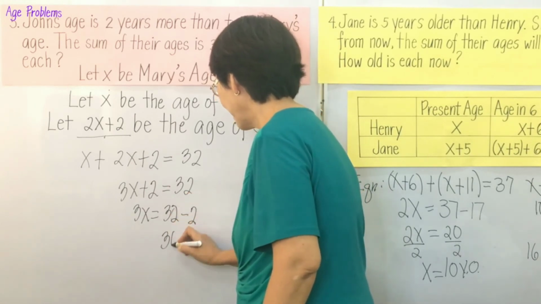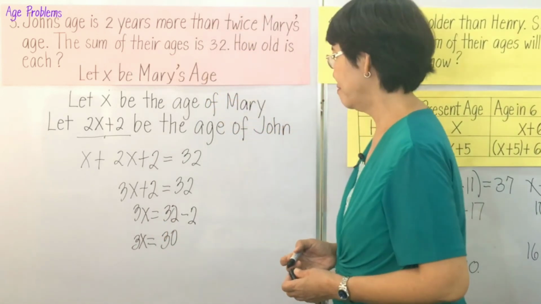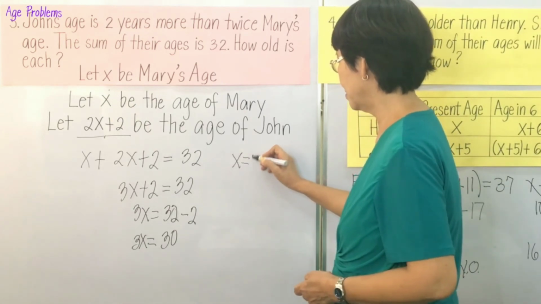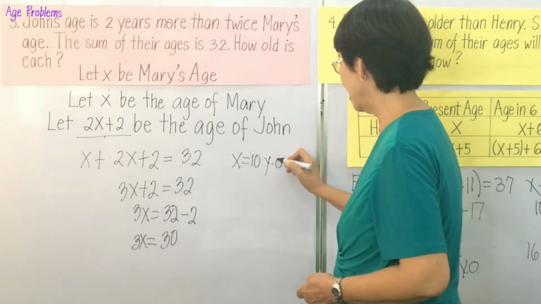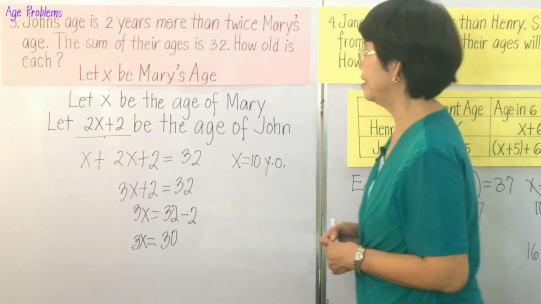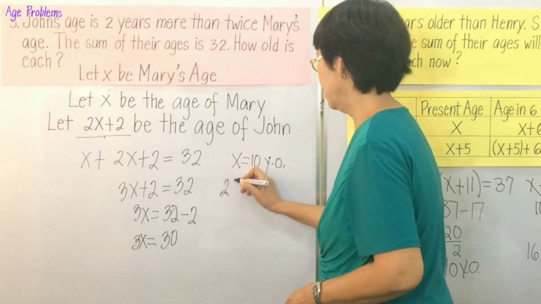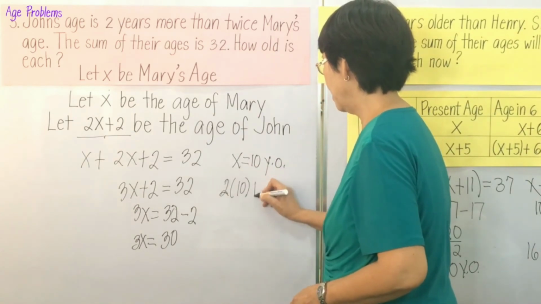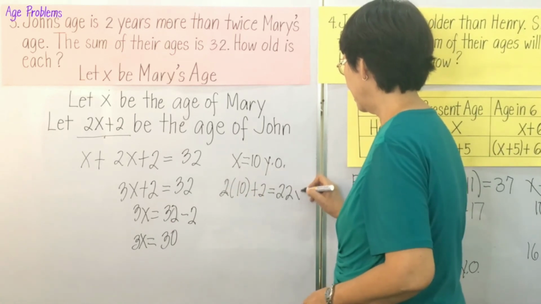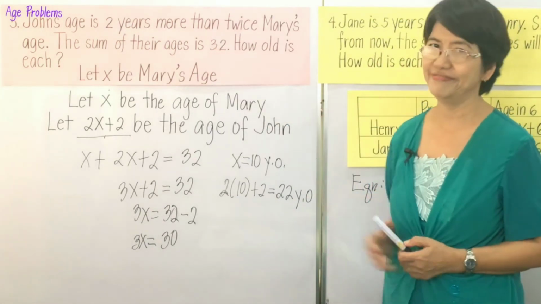So we have 3x equals 30. Dividing both sides by 3, we have x is equal to 10 years old. This is the age of Mary. And then 2 times Mary's age plus 2. So 20 plus 2 is 22 years old. And this is the age of John.